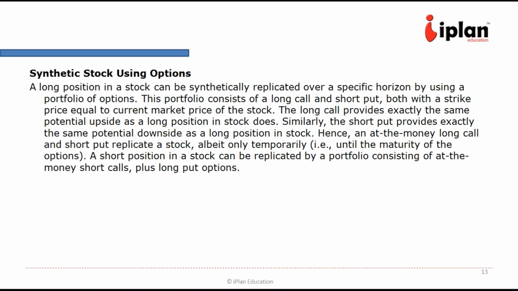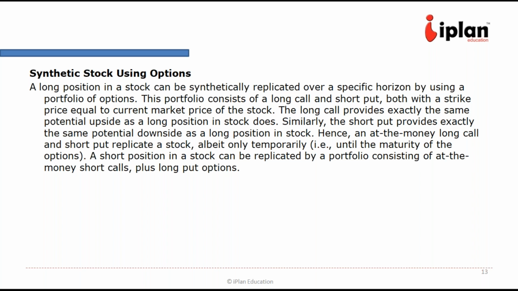Also, I'll tell you one thing: the beta does not remain constant. It keeps on changing on a daily basis. There could be even a minor change. After a week or 10 days, the beta changes by some basis points. So you need to adjust the portfolio.